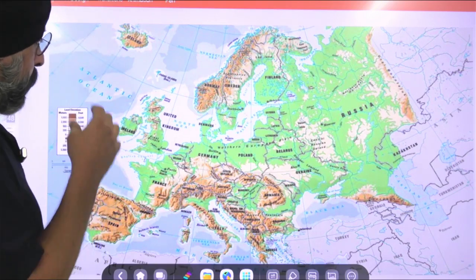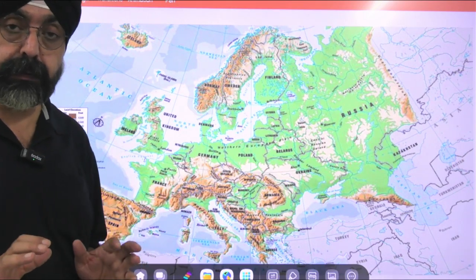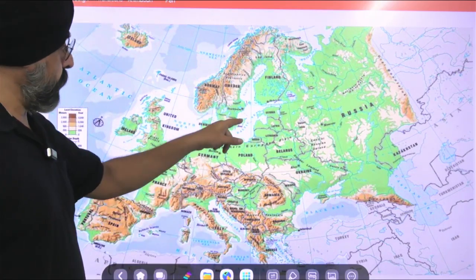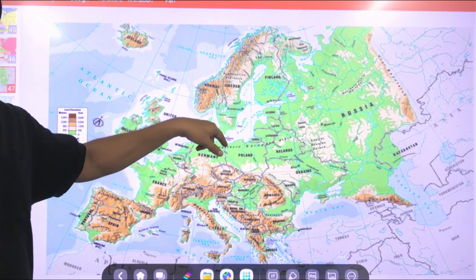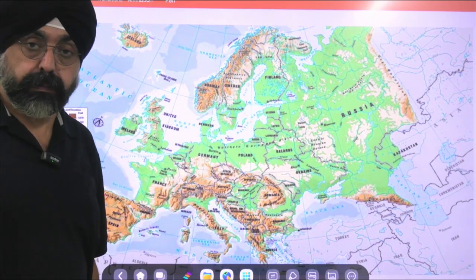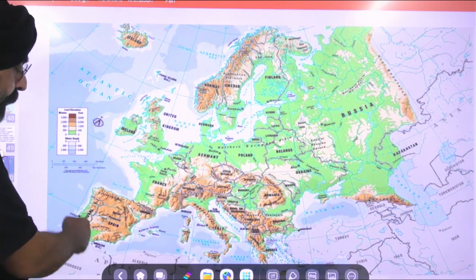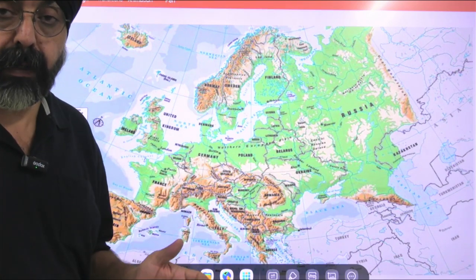Now let's understand it. If we have a fair amount of idea about the water bodies, like Gulf of Bothnia, Baltic Sea, North Sea, Skagerrak and Kattegat, the strait that connects the Baltic Sea and the North Sea. We have Bay of Biscay, Mediterranean Sea, and the Mediterranean Sea is having endless parts.